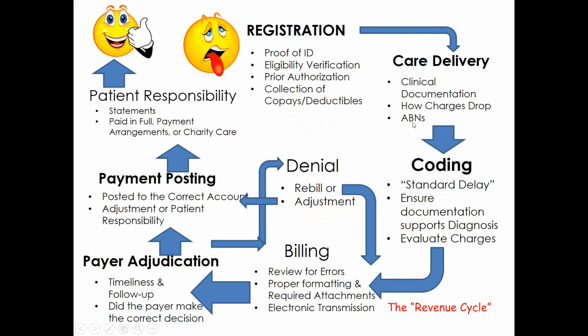Then depending on the type of test we order, sometimes we have to collect from the patient what's called an ABN. It's an Advanced Beneficiary Notification. And an ABN says your doc is concerned and wants to run some tests to figure out what's wrong with you, but according to our grid that we've come up with, and Medicare and Medicaid developed this, so those are typically the vendors, they say that the diagnosis that you've gotten, so let's say a chest cold, doesn't match the procedure that we want to run.